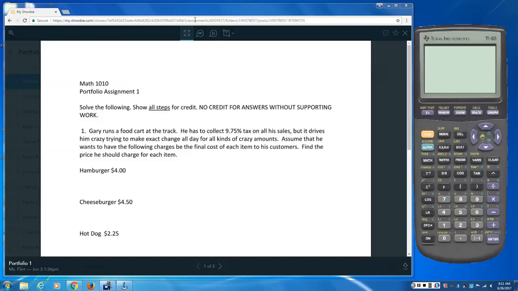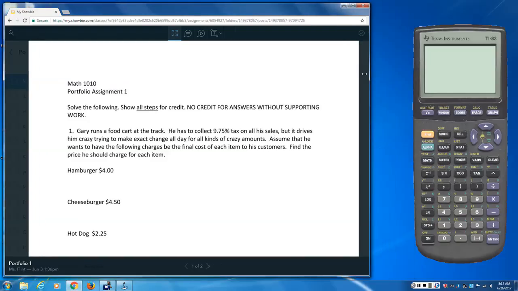Okay. On this, it says he has to collect sales tax on all his sales. So, for example, let's see if I can get this kind of side by side here.